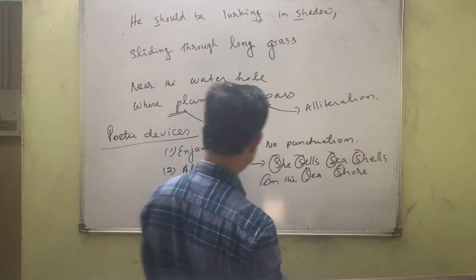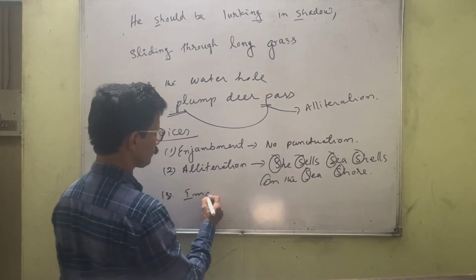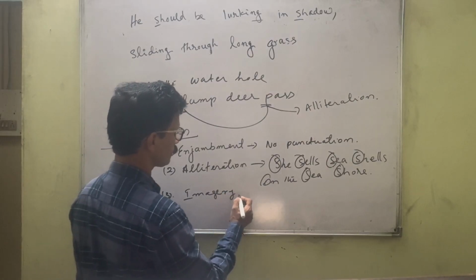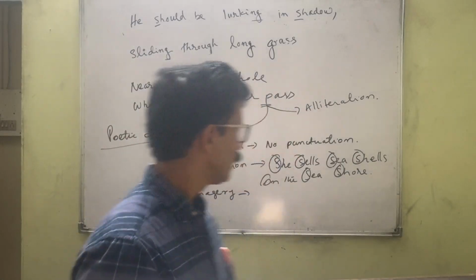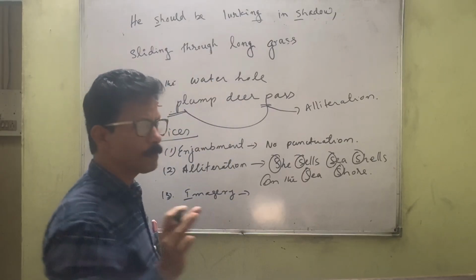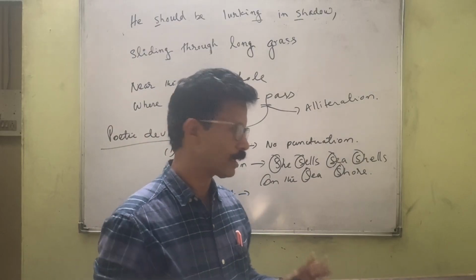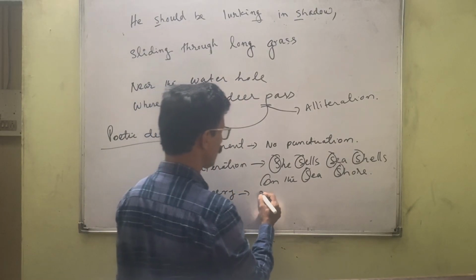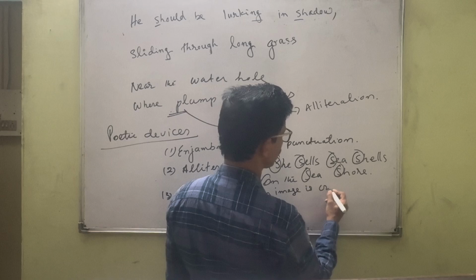And the third poetic device is imagery. The poet here is trying to create an image. So when you read this stanza, some picture will come to your mind. That means an image is created.